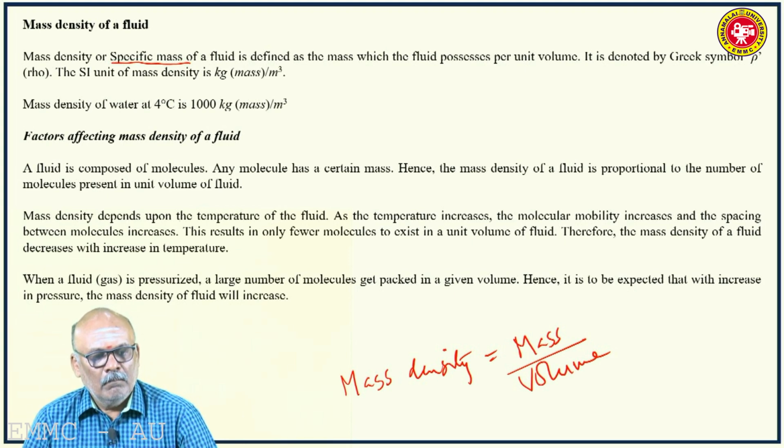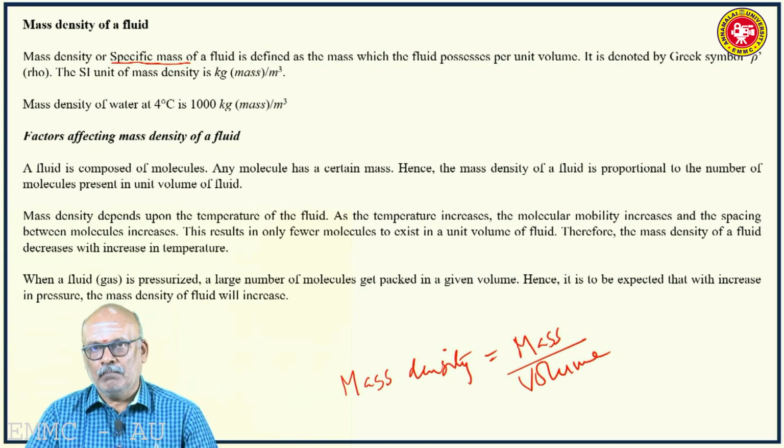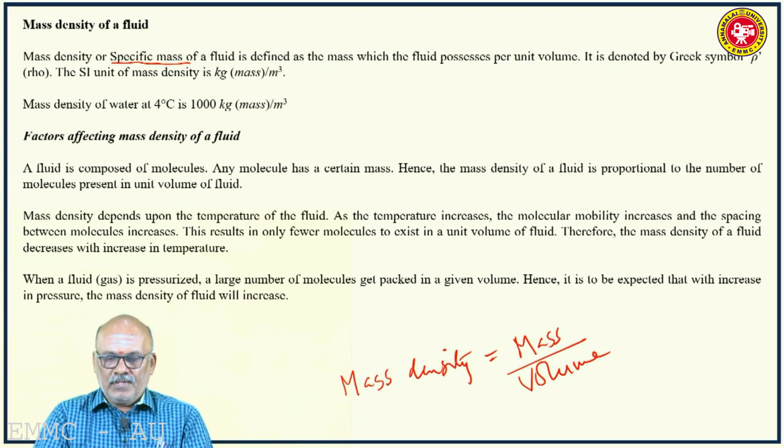So the mass density, or specific mass as it is called, is defined as the mass which the fluid possesses per unit volume. Now, what is the unit of mass?